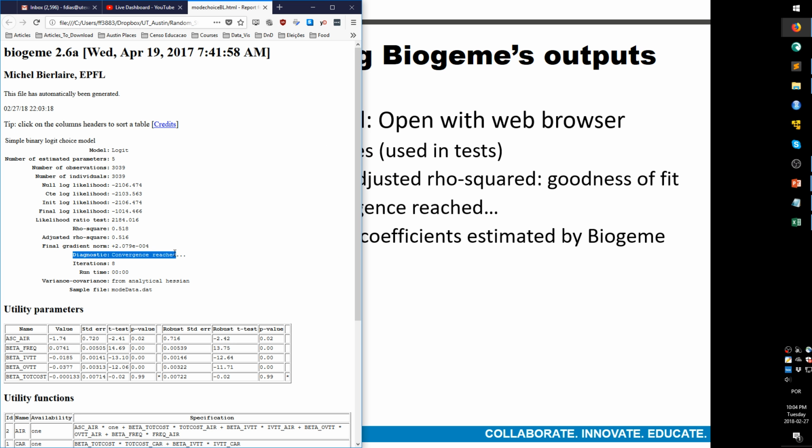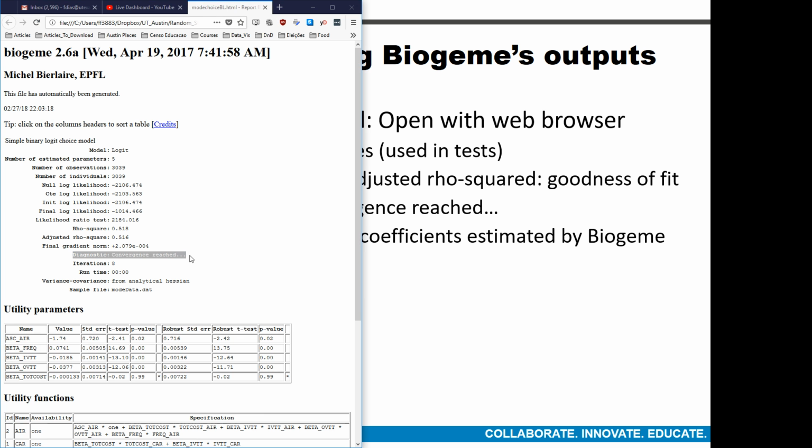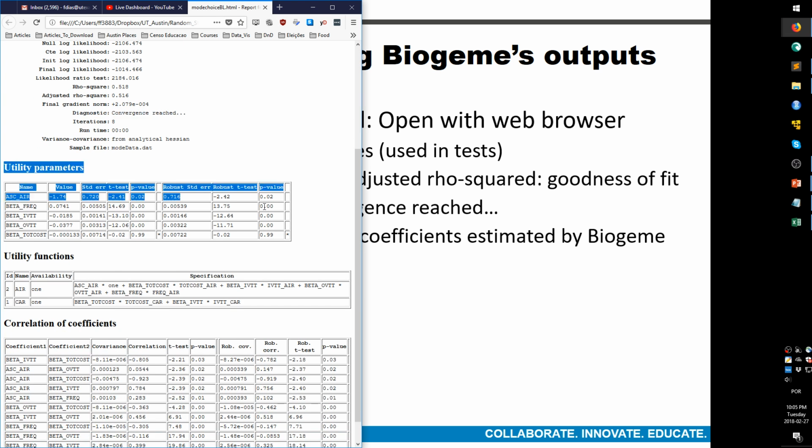Diagnostic, we have here convergence reached. That's what we wanted to know. That's great. And utility parameters. This is the important part. This here is telling us what the actual values are for each one of these parameters in our model. So in our model, we said that we had a beta for the air variable, an alternative specific constant for air.